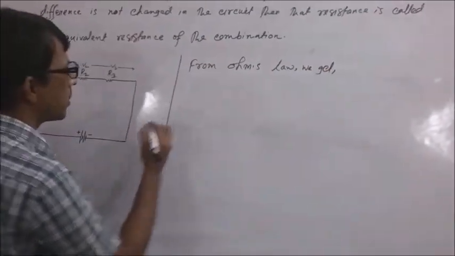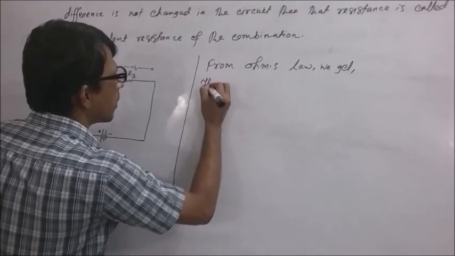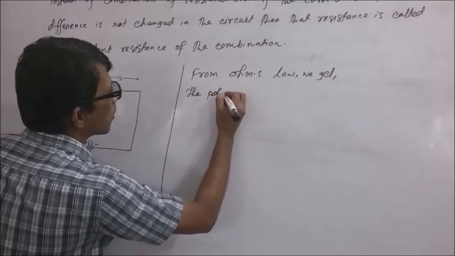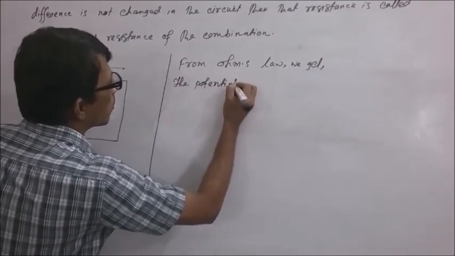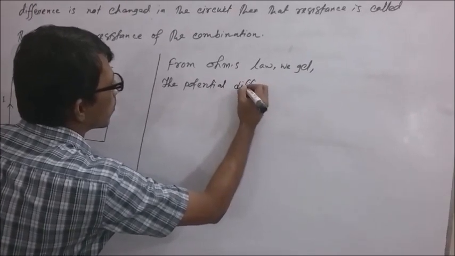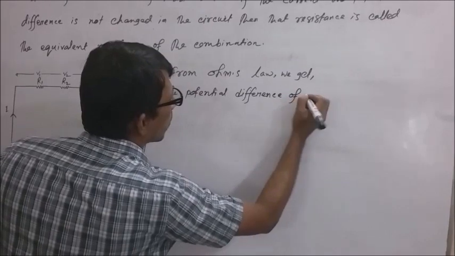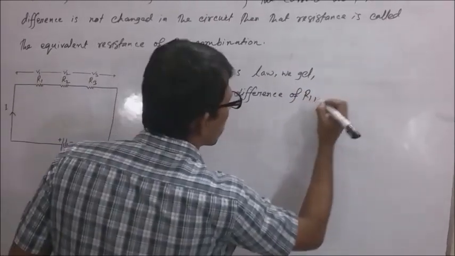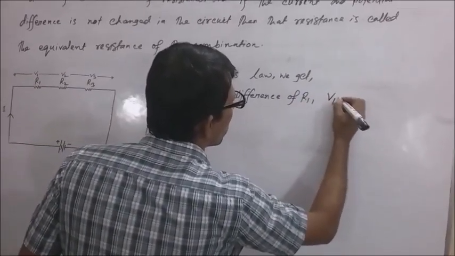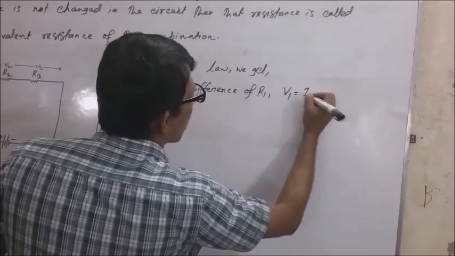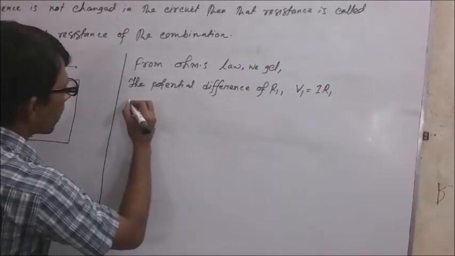We get the potential difference of resistance R1, V1 equal to I R1.